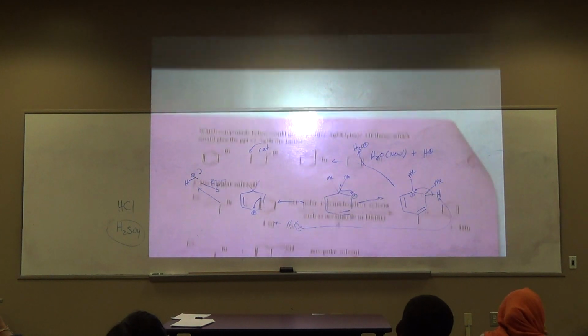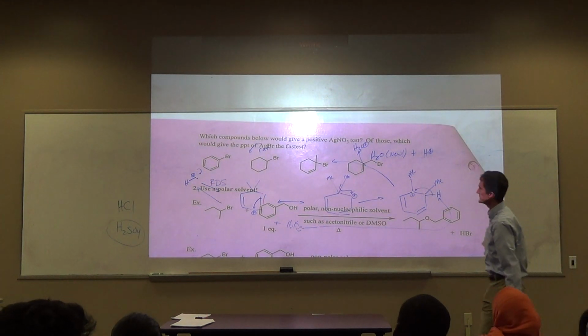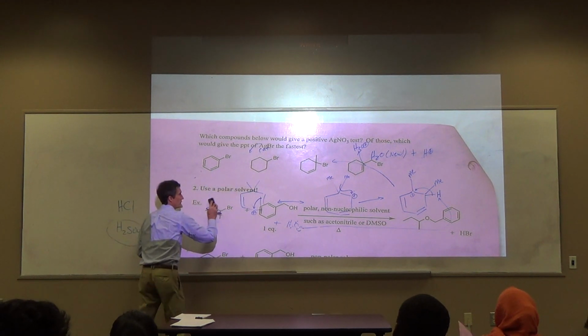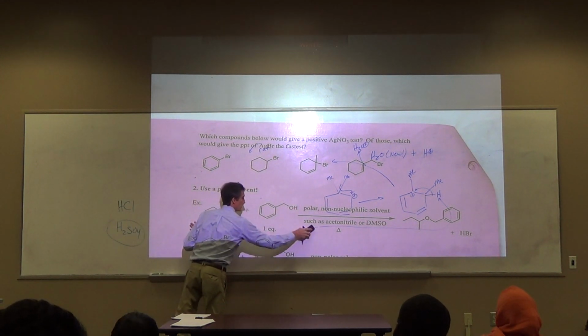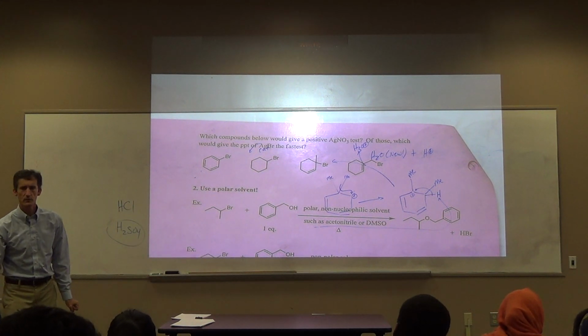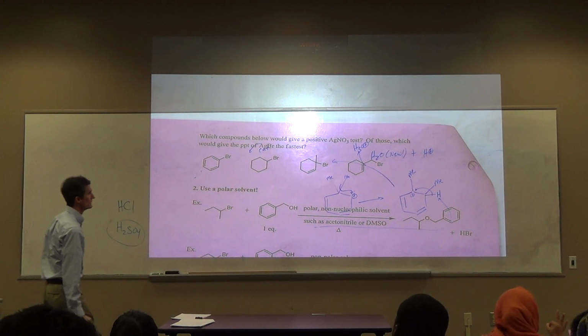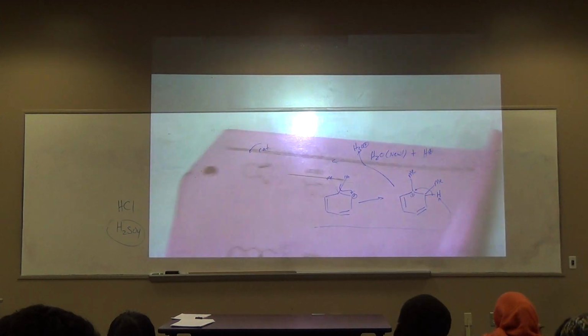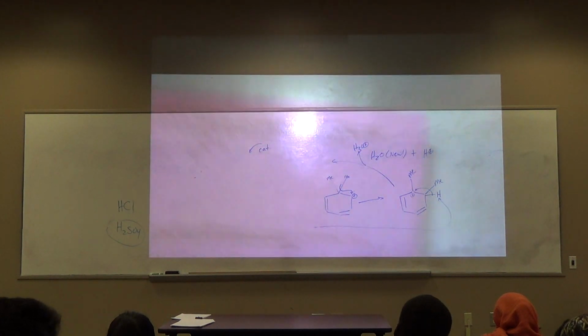Which compounds below will give a positive silver nitrate test? Silver nitrate test. What's that about? How do you get a positive silver nitrate test? What type of compound will be positive? Well, let's look at that.